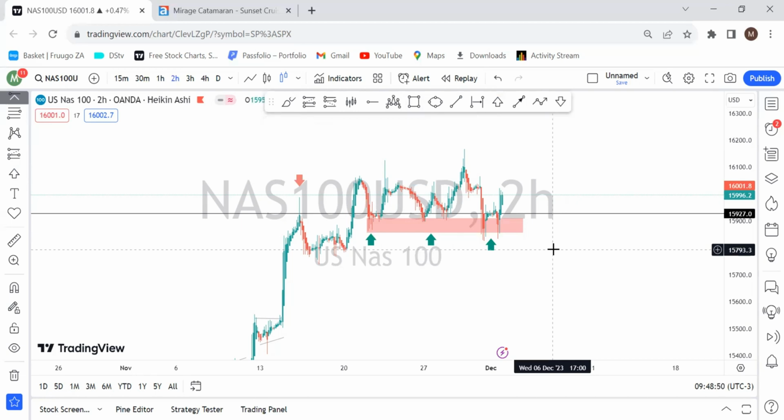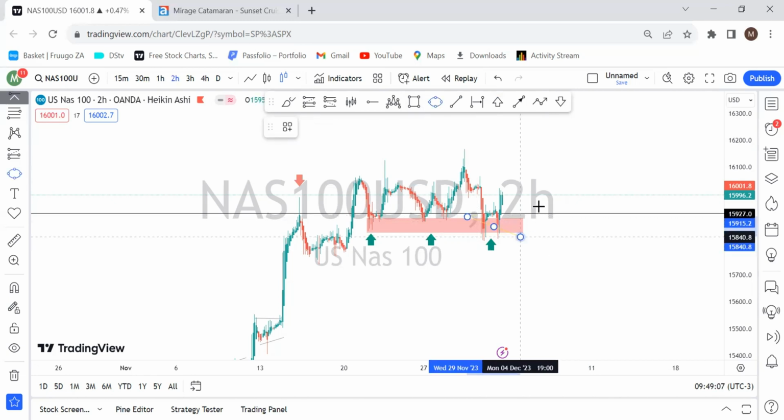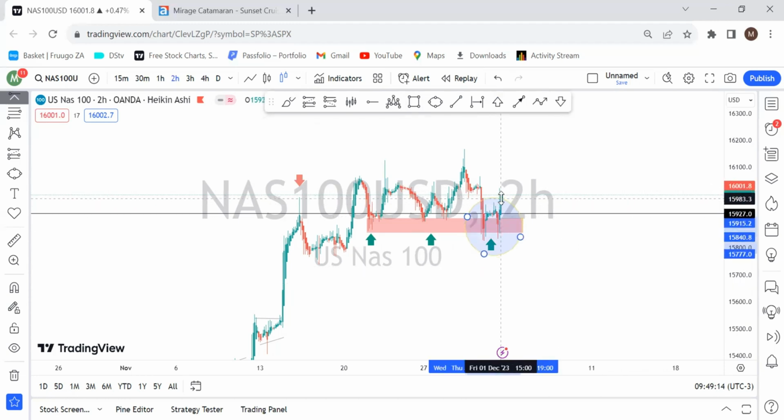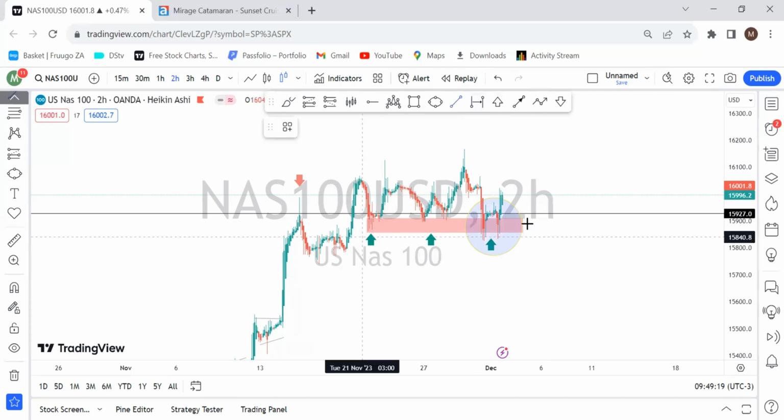So this tells us that, okay, it's aligning to our concept of a correction. We would focus more on the third touch because it has the highest probability. So this would be our key point. This whole area right here would be our key point for us to look for more reasons for a buy. Because so far, it does look like a buy. We have a nice support right here.